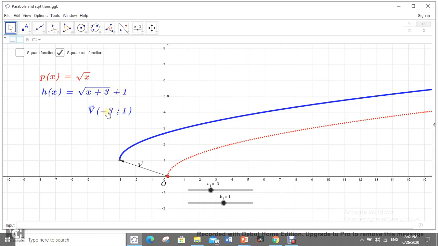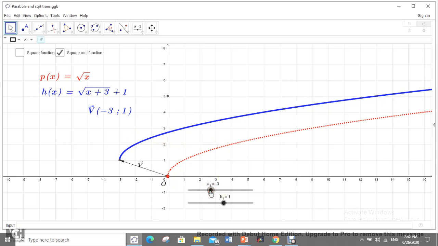So we can deduce the curve of h by translating the curve of p by a vector (minus 3, 1). So we go 3 units to the left and 1 unit upward, and we start drawing the curve of h similar to the curve of p, as you see.